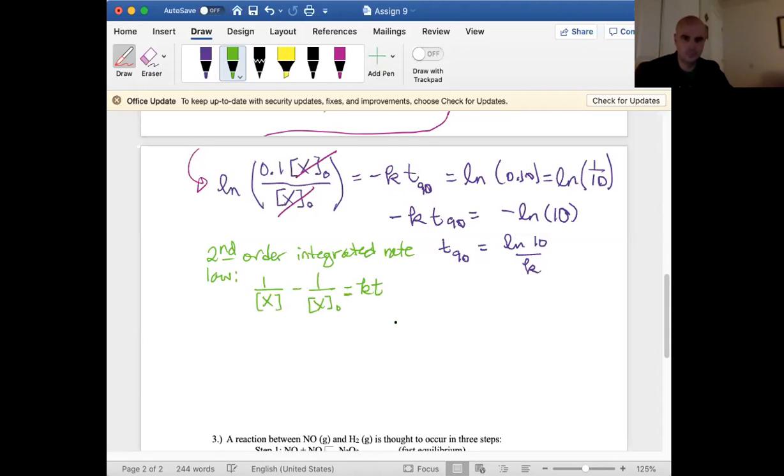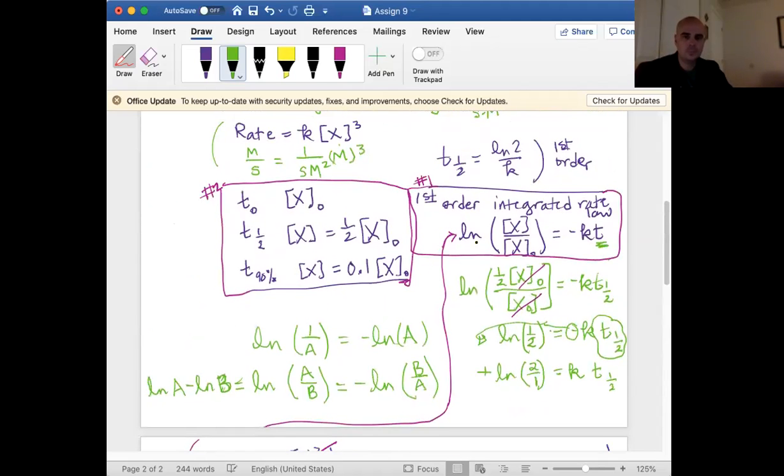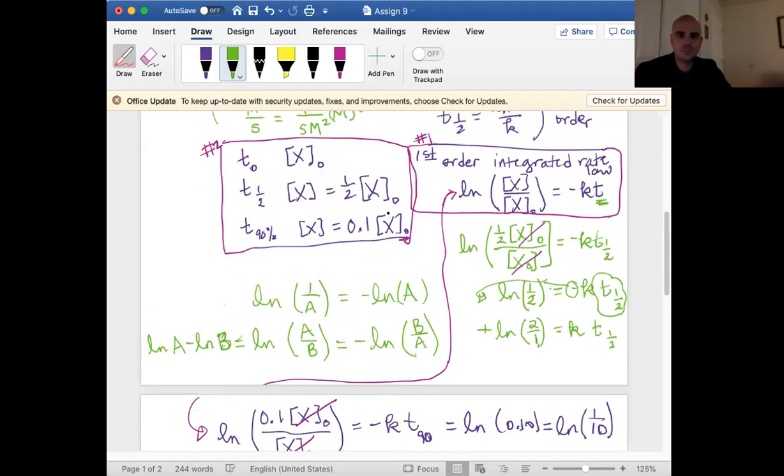Okay? This form is only for second order. So that's the number one part of our strategy. The number two part of our strategy is the same as it was before.